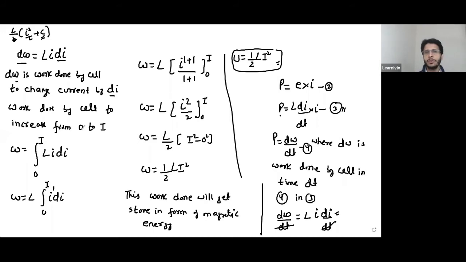Does anyone of you remember the formula of energy stored in capacitor? It was half CV square, right? Just like half CV square, this is half Li square. After energy in capacitor, if you remember, we did a question on energy density of capacitor. Just like that, you can get a question on energy density of inductor.